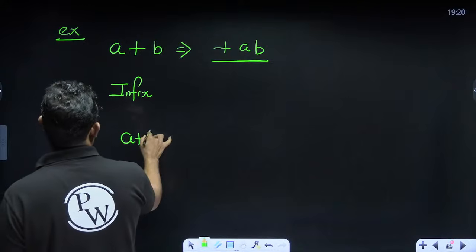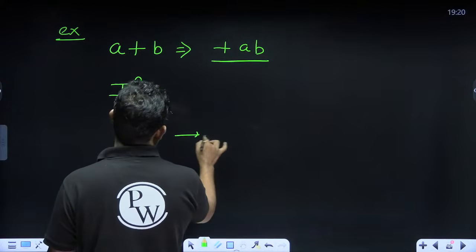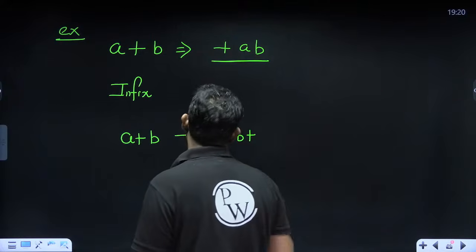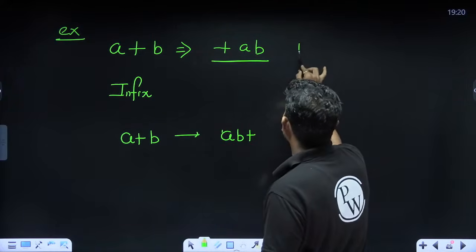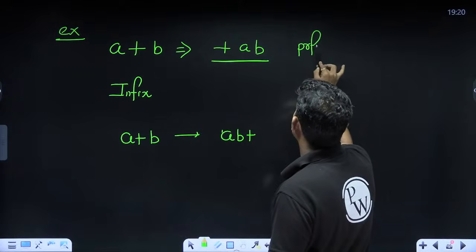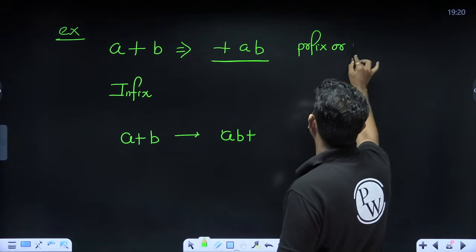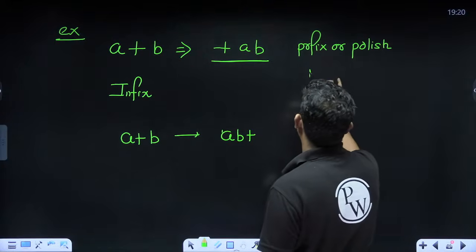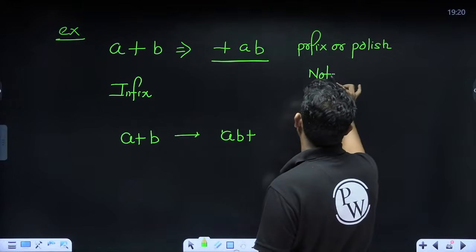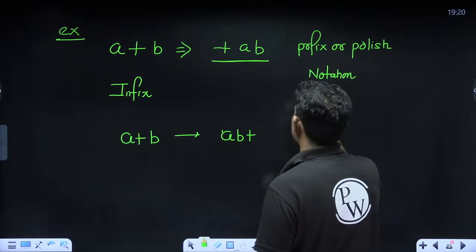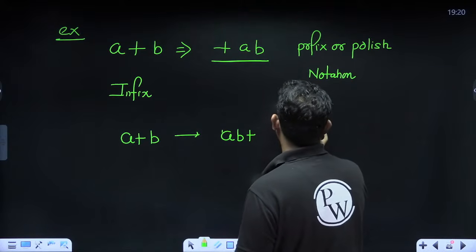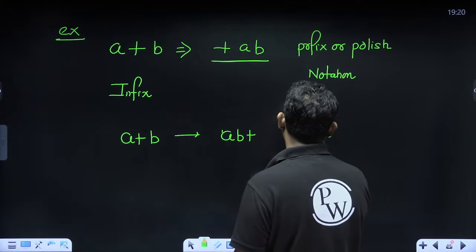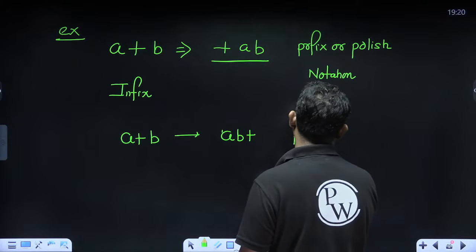A plus B, its postfix will be AB plus. Now this is called prefix or Polish notation. This is called postfix, or reverse Polish notation.